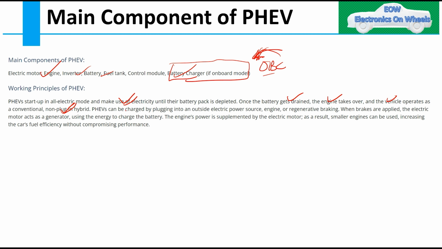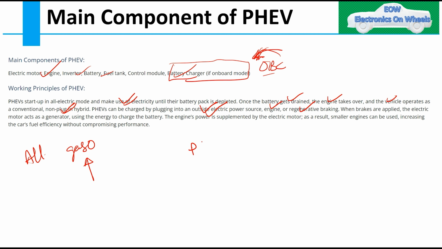Suppose you have run your vehicle in all electric mode and you are not using gasoline. Your vehicle will run till your battery is depleted. Once your battery is depleted, then gasoline will take over. The engine will take over and it will charge your battery also, and you can also plug in your battery from outside. PHEV can be charged by plugging into an outside source, the engine, and regenerative braking.